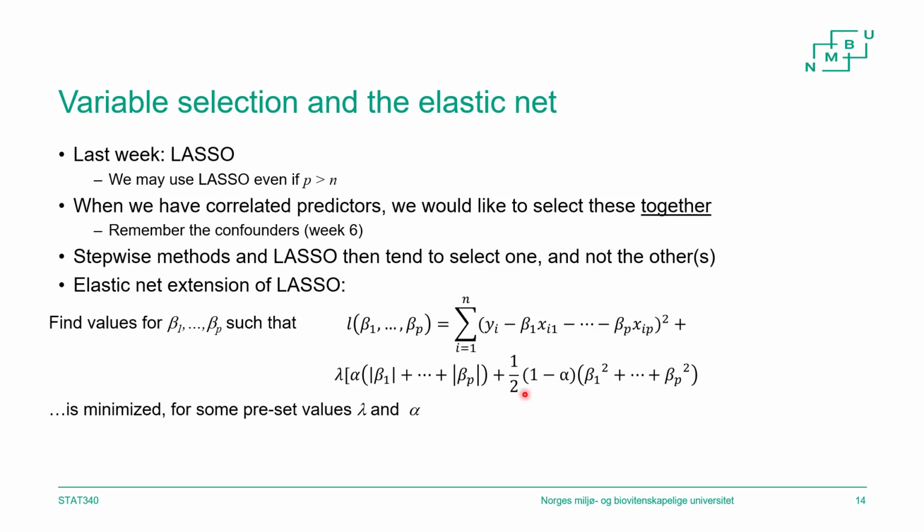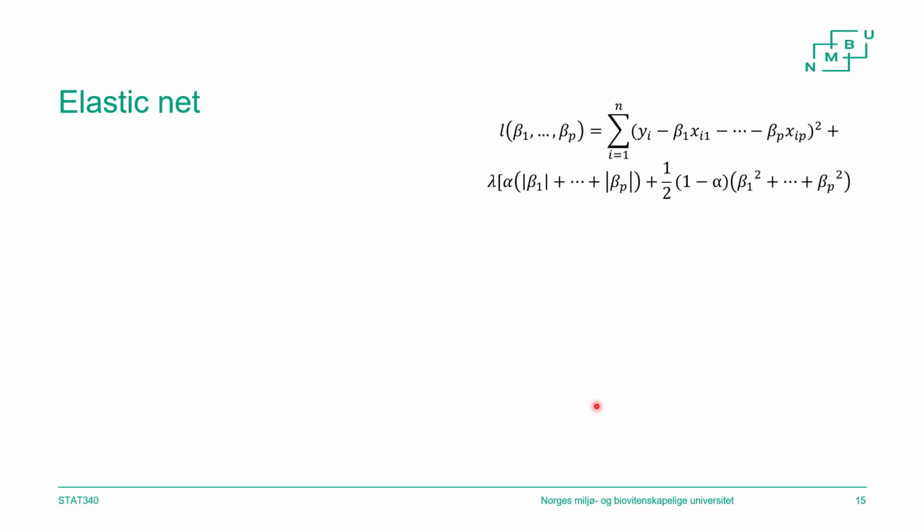Now we add another term here, and notice the difference. Here we have absolute values, or you could say it's Manhattan distances from the origin, while these are squared values. So these are actually Euclidean distances from the origin, but it's the same regression coefficients. So we have both sort of a first order term and a second order term.